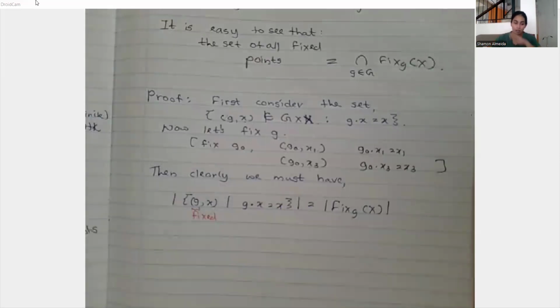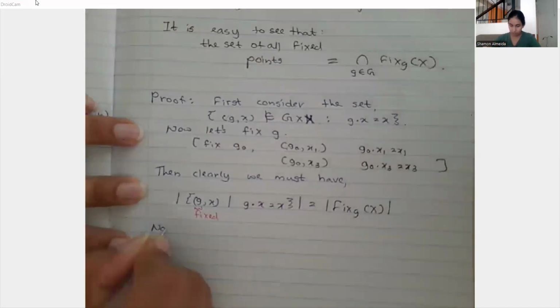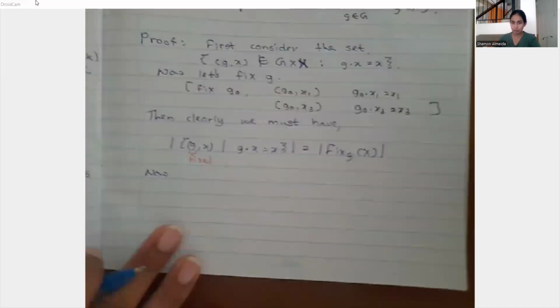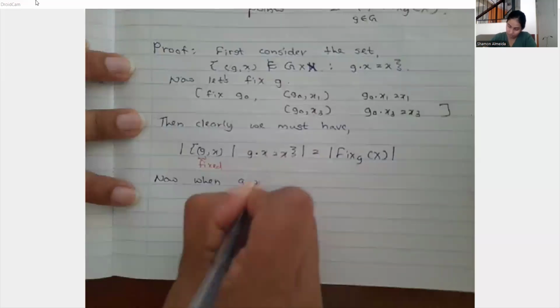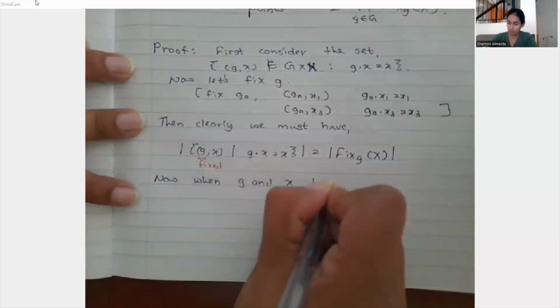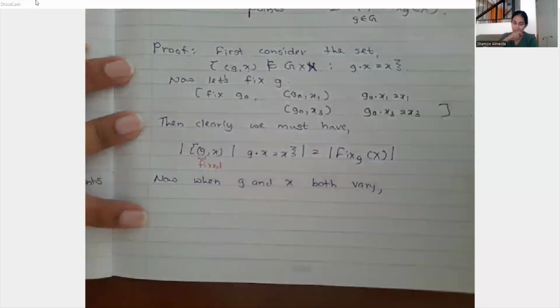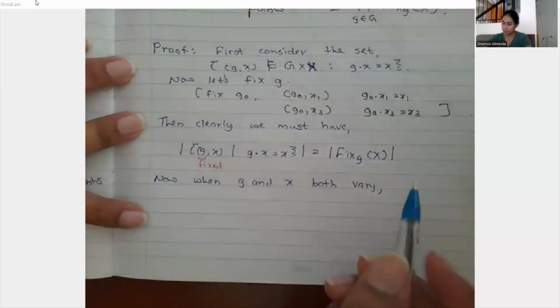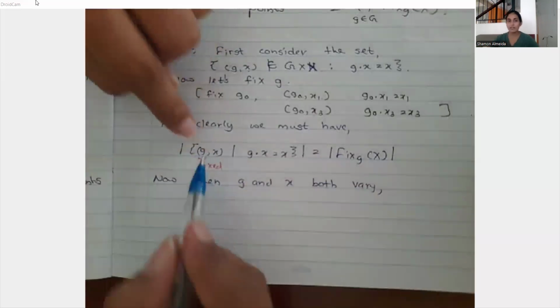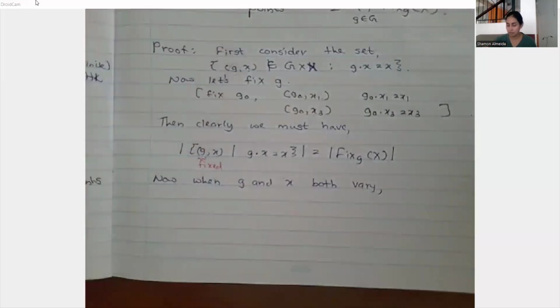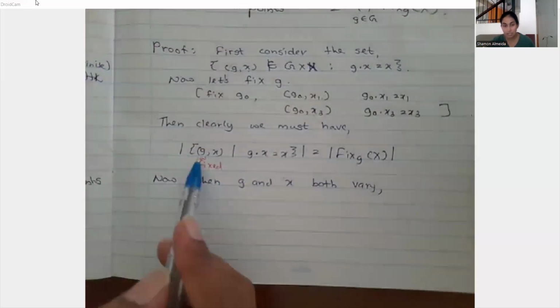Now suppose we vary both g and x, right? When g and x both vary, we must have, for example, when g is fixed over here, this is equal to this one. Now what I'm going to do is take g, now this is say g₀.